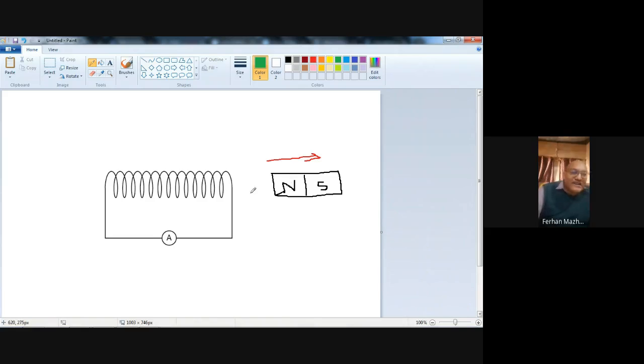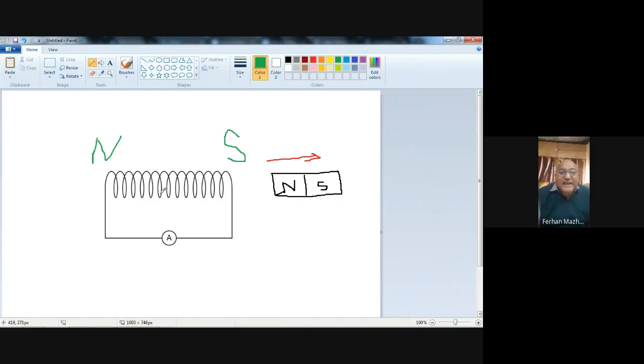So now he is saying that the north end is towards the right side of the solenoid and he is taking this away. When he is taking this away, to oppose this motion, this end will become south and this end will become north. When you take this bar magnet away, the magnetic flux passing through this solenoid will change, so an EMF or current will be induced in the solenoid.